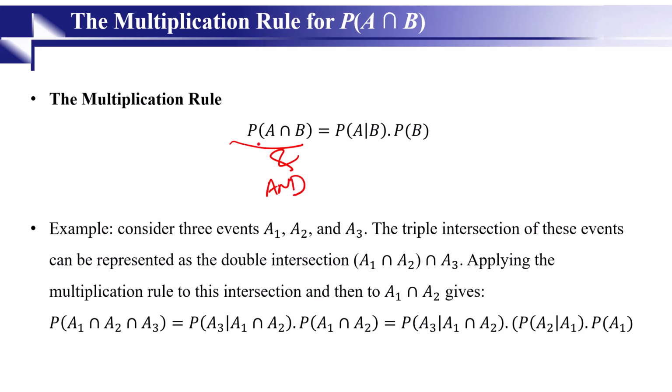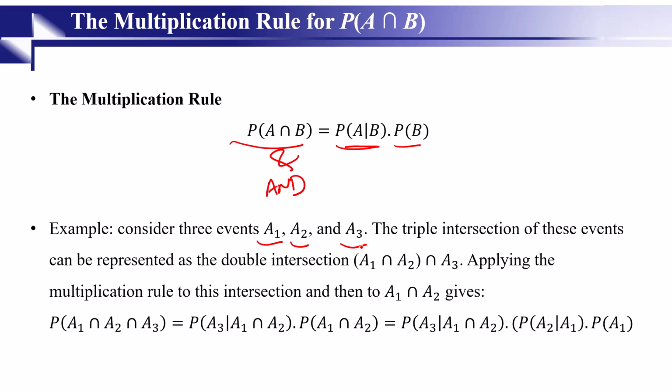So probability of A and B is probability of A given B multiplied by probability of B, right? So it's simple but powerful. For example, if we have three events, A1, A2, and A3, we can extend this.